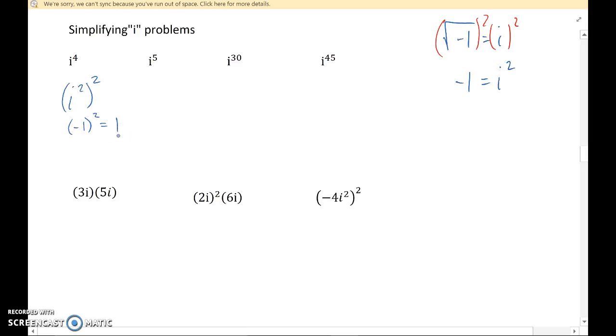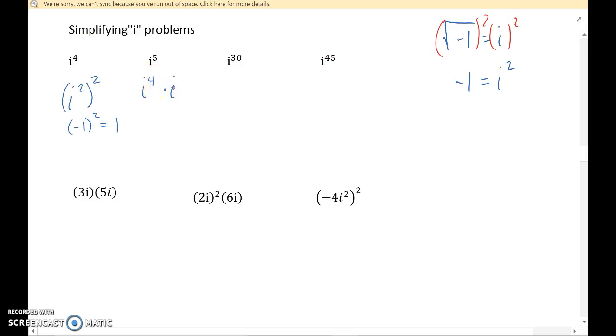All right, i to the fifth. If you have an odd exponent to begin with, you want to write it as an even exponent times an i. So we can subtract 1 from 5 and get i to the fourth. And because of laws of exponents again, the product property tells us that if we multiply two bases, we add their exponents.